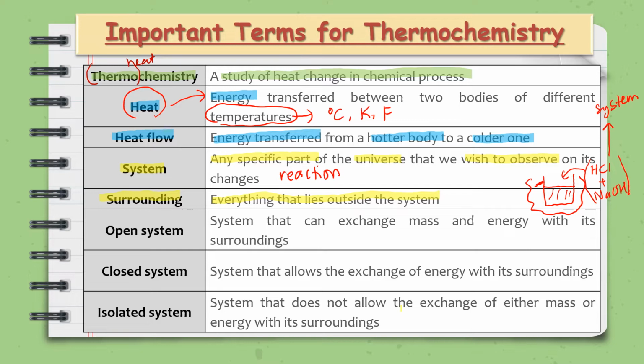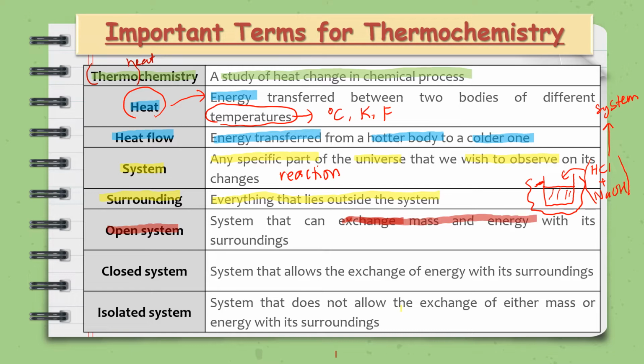Now the next thing we're going to look at is about system. We have 3 different types of system. First, we have an open system. An open system is a system that can exchange mass and energy with its surrounding.